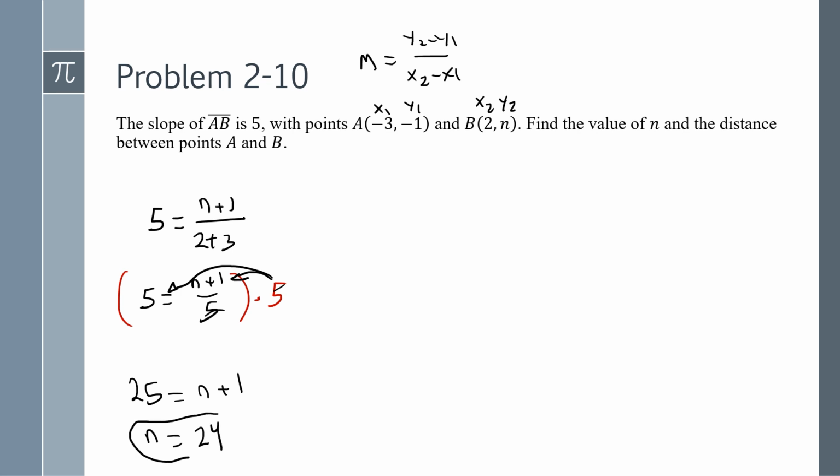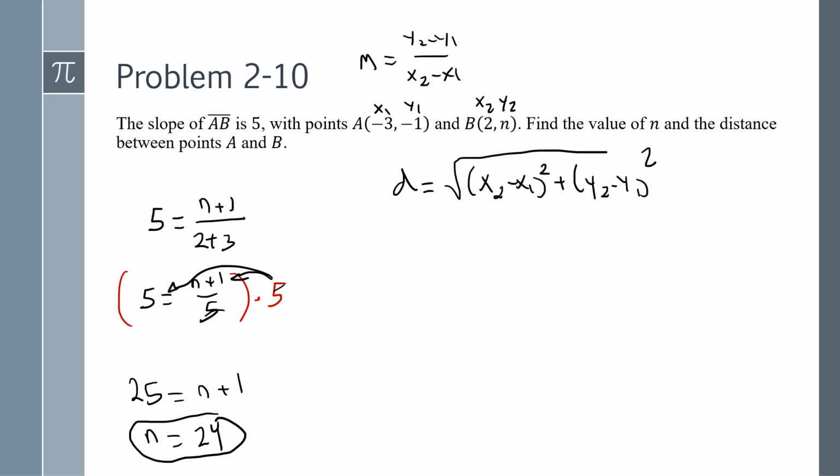Now I need to find the distance. The distance formula says the distance between 2 points is equal to the difference in the x-coordinates squared plus the difference in the y-coordinates squared, the square root of those. So this is a variation of the Pythagorean theorem.